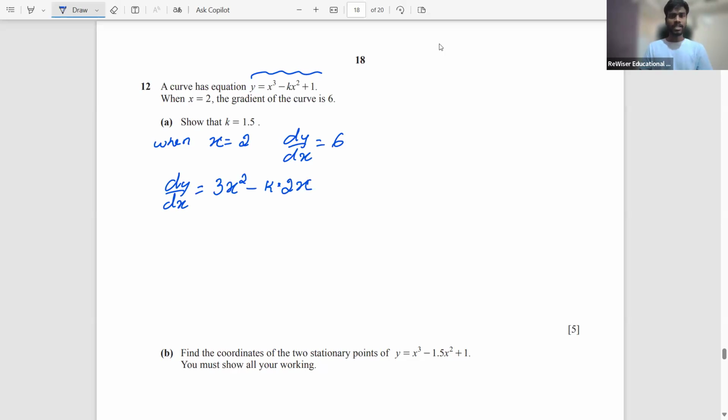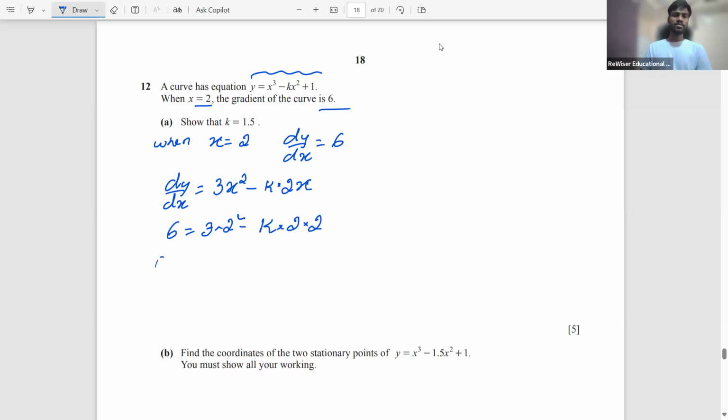And here, the gradient is 6 when x is 2. So that means 6 is equal to 3 times 2 squared minus k times 2 times 2.